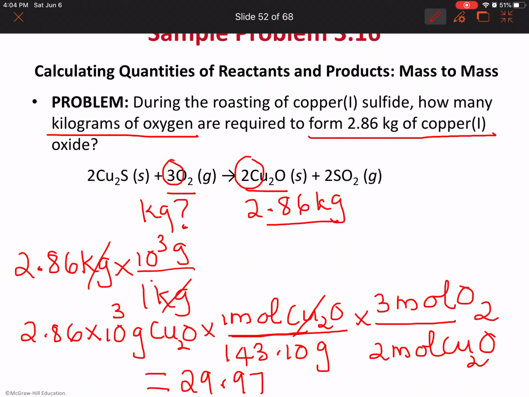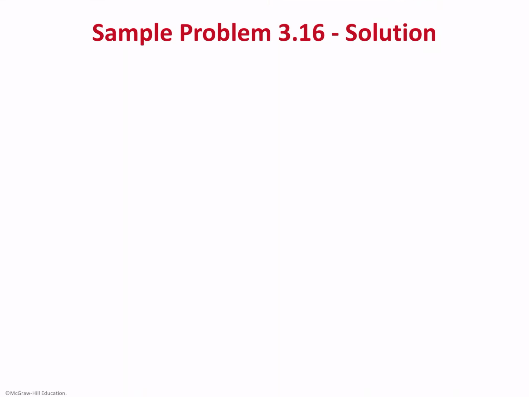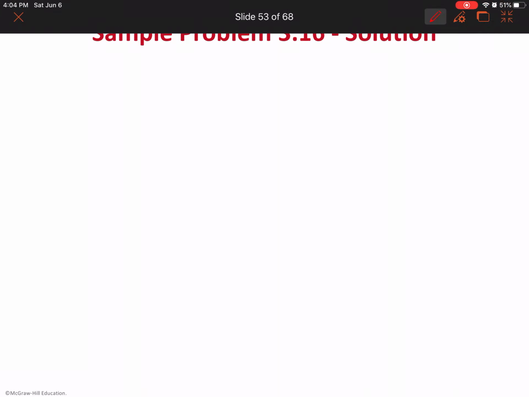That will give us the number of moles of oxygen. Okay, 29.97, that's moles oxygen. Gram copper oxide, gram copper oxide. So moles oxygen, 29.97. So we can continue here. 29.97 moles oxygen. We found the number of moles of oxygen.